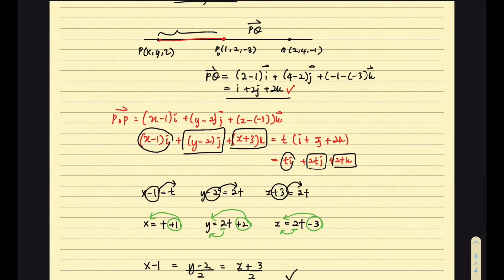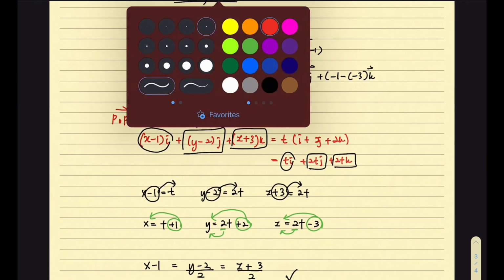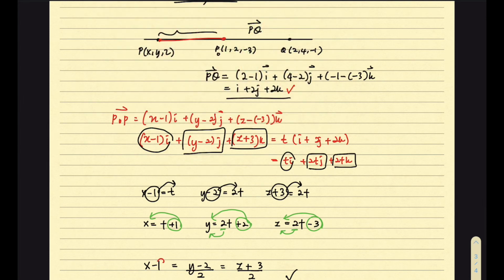is correct or not. Okay, because I told you before, this one will be the point on the line: 1, 2 and negative 3, because this one should be negative. Okay, so you have negative 3 here. So you have 1, 2 and negative 3. So it's the point on the line. And the one below here will be the vector that is parallel to the line.